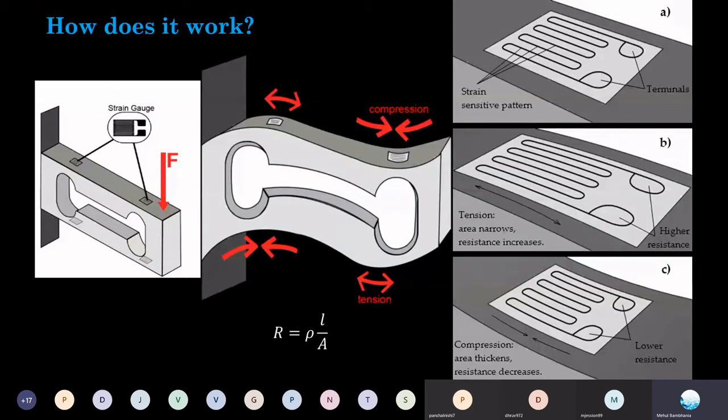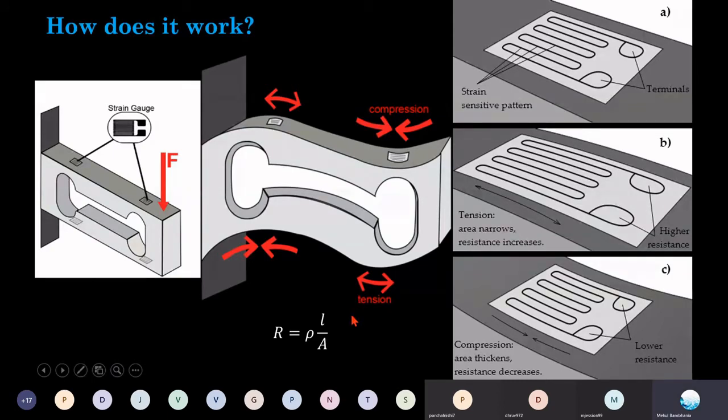Now what happens when you apply some force on this load cell? Due to that force, this load cell will come under deformation. Due to that deformation, these 4 different strain gauges experience different natures of either compression or tensile stress.